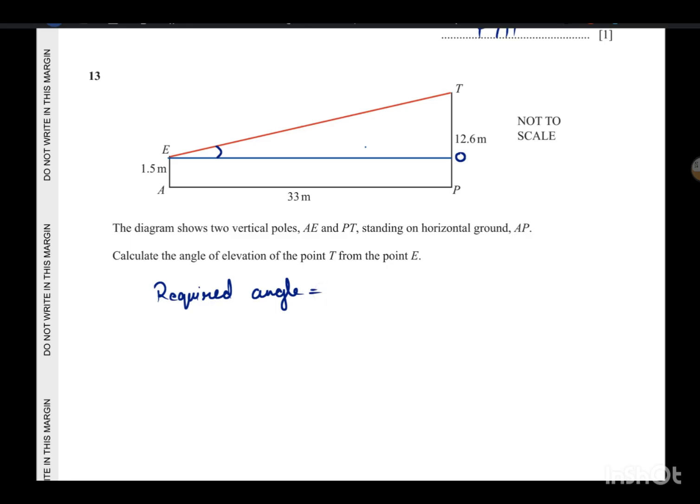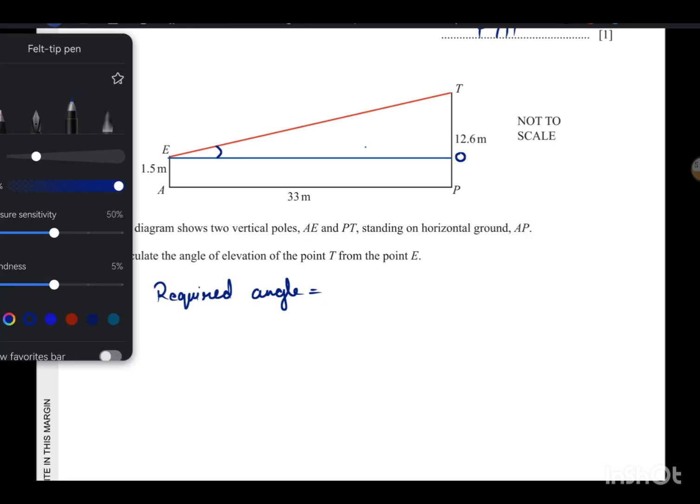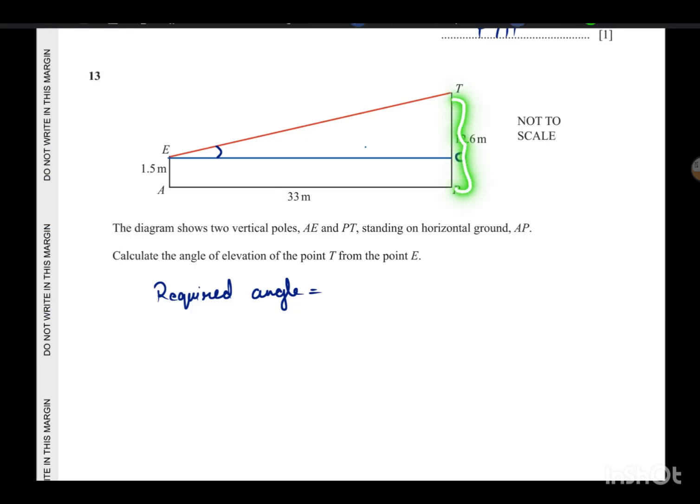And what about the opposite side? The opposite side will be 12.6 minus 1.5, since this part should be removed. So the opposite side is 12.6 minus 1.5, and the adjacent side is 33 meters.